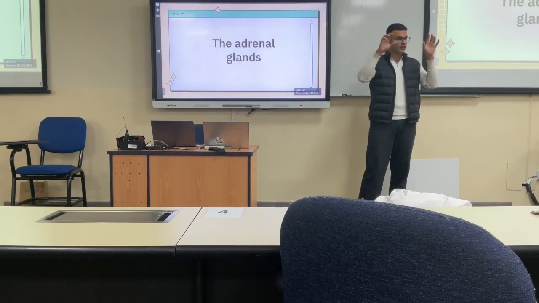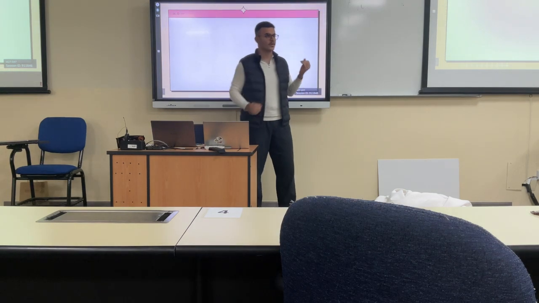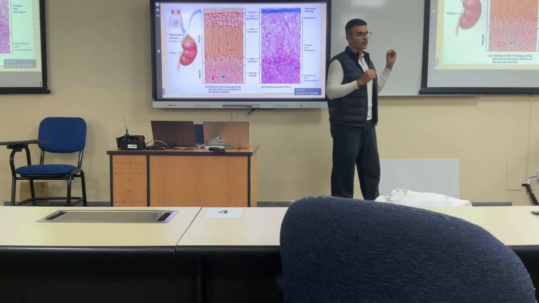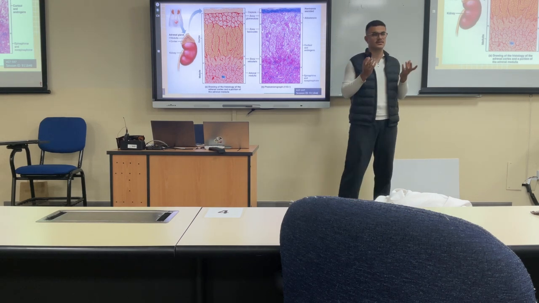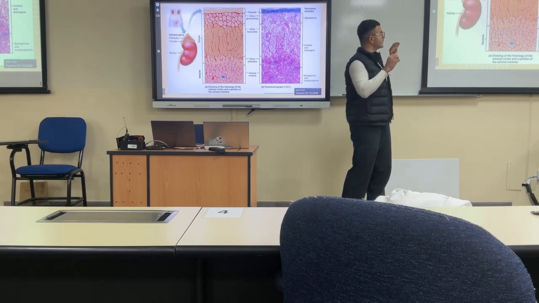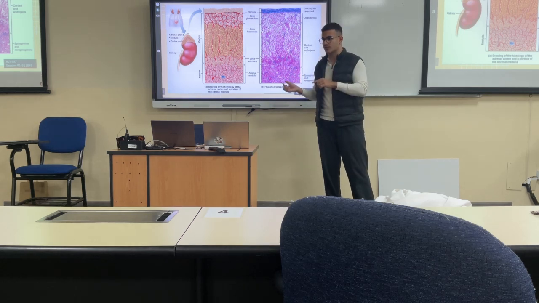The cortex is divided into three main layers, or zones. The first one is the zona glomerulosa. Glomerulosa means clusters, so the cells are arranged in clusters, and this layer is mainly responsible for secreting mineralocorticoids.